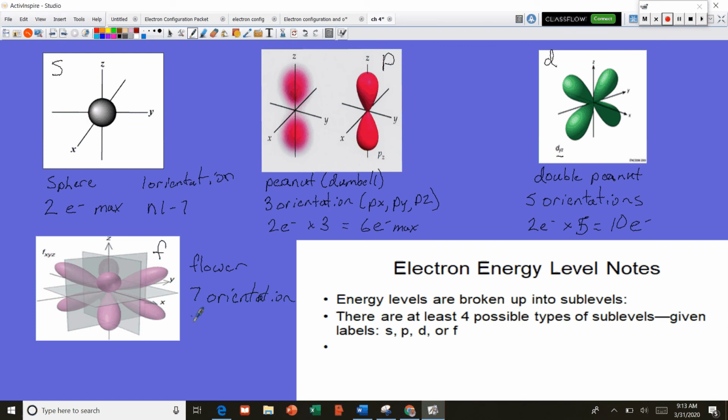So that means that if each orientation can hold 2 electrons, that gives us a maximum of 14 electrons that can be held in that orbital. So energy levels are broken into sublevels. There are at least 4 possible types of sublevels, and they're given the labels S, P, D, or F.